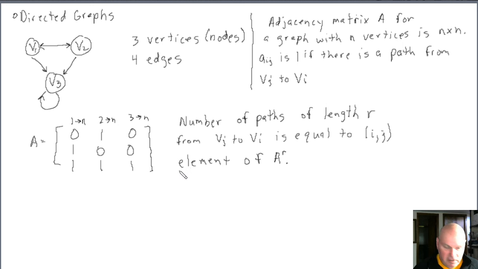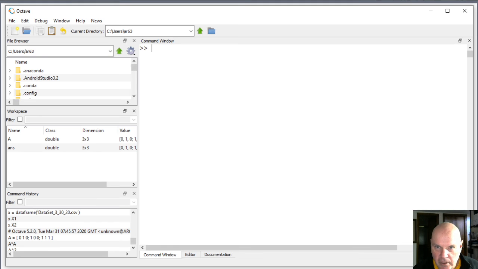Okay, now I'm going to take this opportunity to use Octave to show you how to do matrix multiplication. So I'm going to enter this matrix A into Octave, and then we'll compute A squared and A cubed. Again, it would be relatively easy to do this matrix multiplication by hand, but I want to show you how to actually do it in Octave.